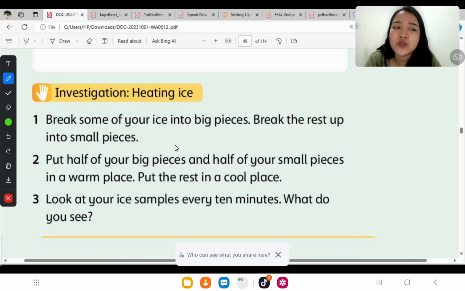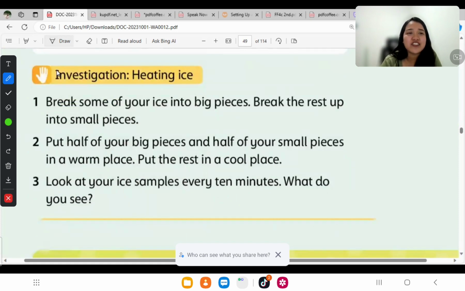Put half of your big pieces and half of your small pieces in a warm place, but the rest in a cool place. Look at your ice samples every 10 minutes. What do you see?